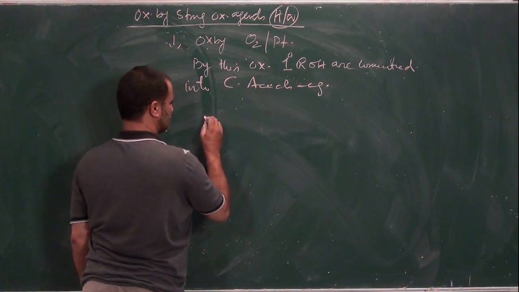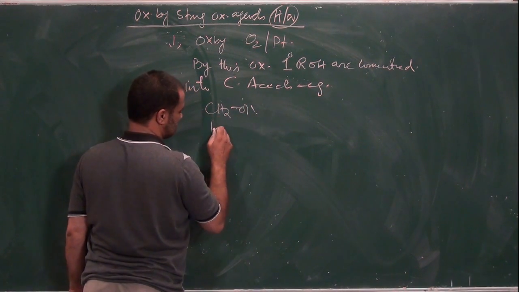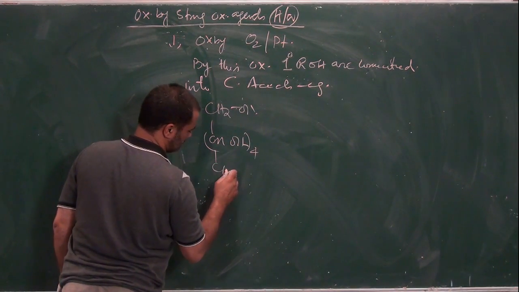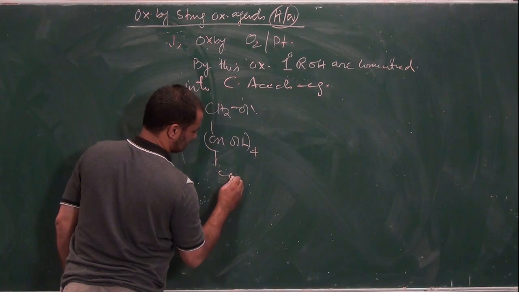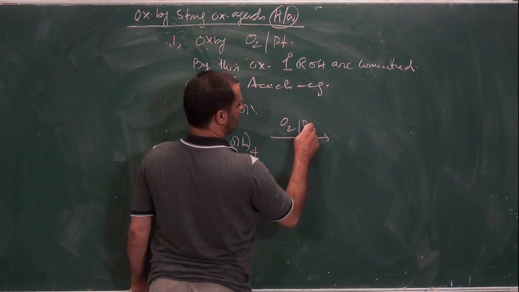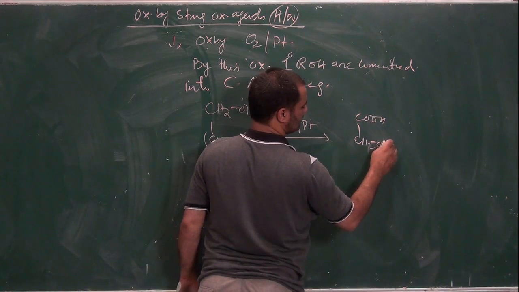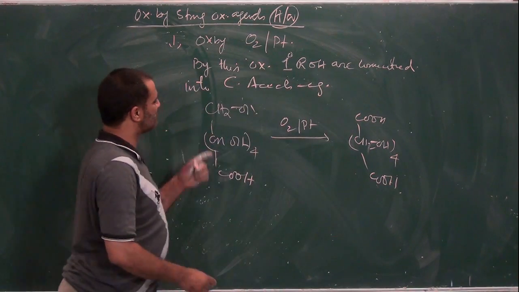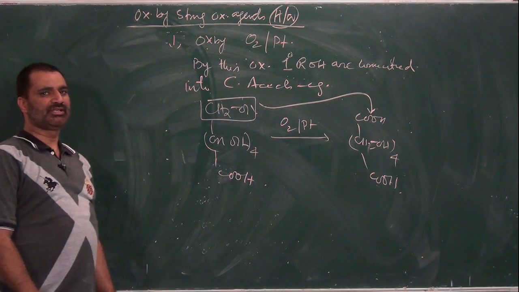For example, CH2OH, CHOH whole 4, CH2OH, with O2 in platinum, gives COOH, CHOH whole 4, COOH. So this is the primary alcoholic group, and it can be converted into carboxylic acids.